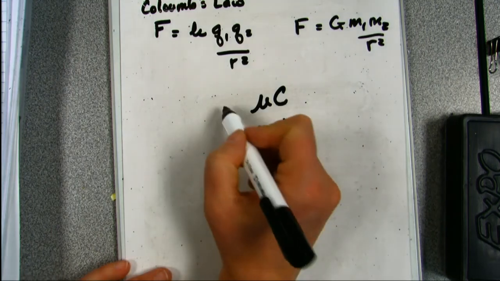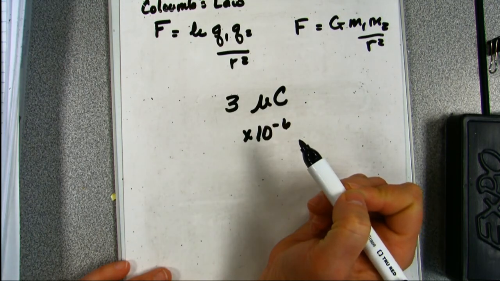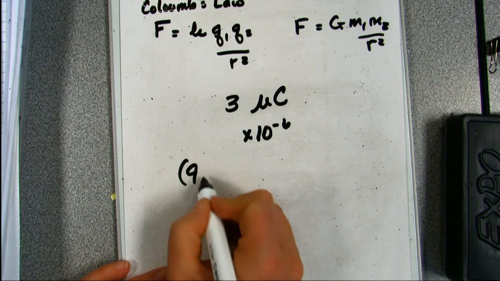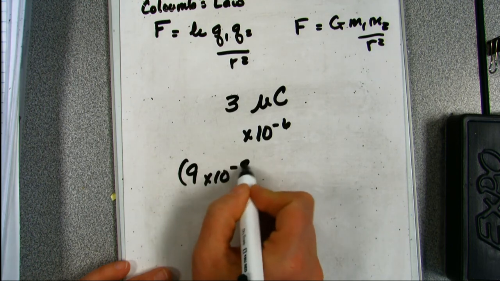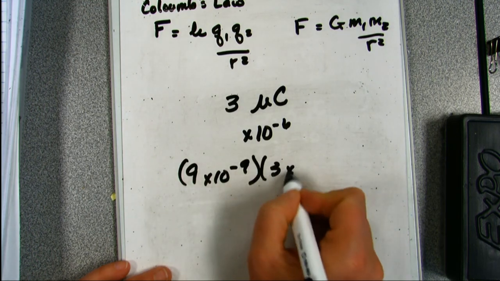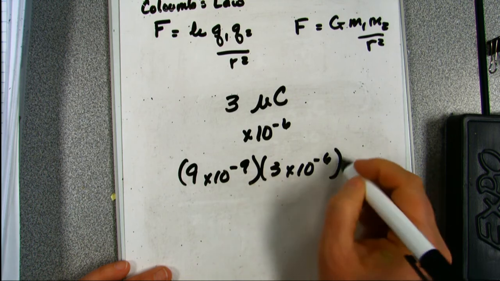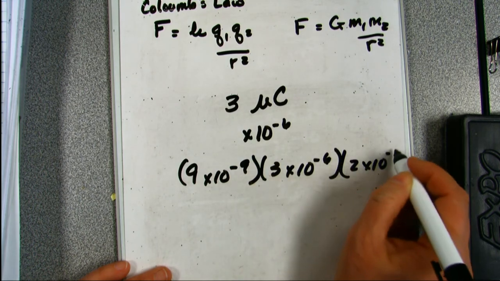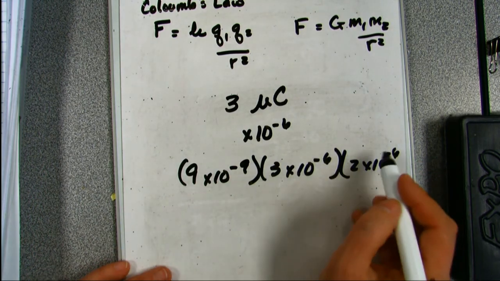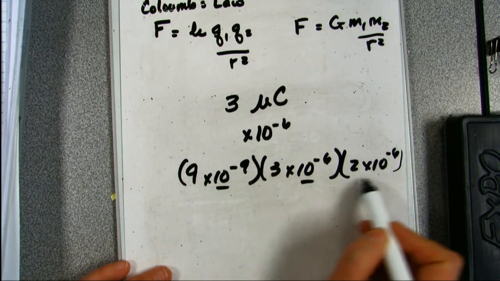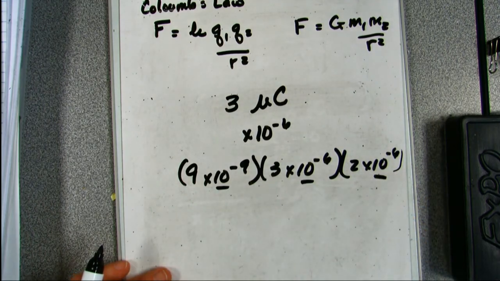And if I'm doing something with 3 microcoulombs, and I've got 9 times 10 to the minus 9th, and I have 3 times 10 to the minus 6, and I have 2 times 10 to the minus 6 on top. Trying to put this into your calculator sometimes becomes a pain in the tushy.